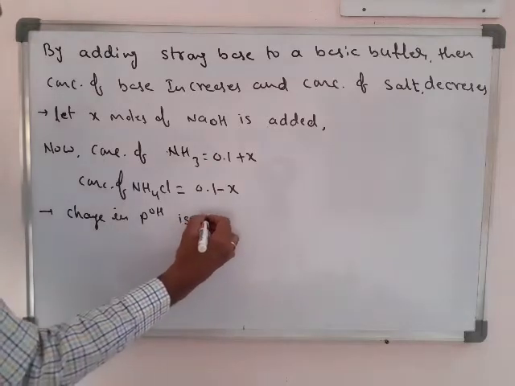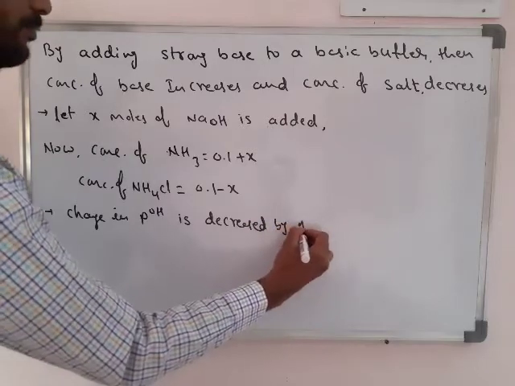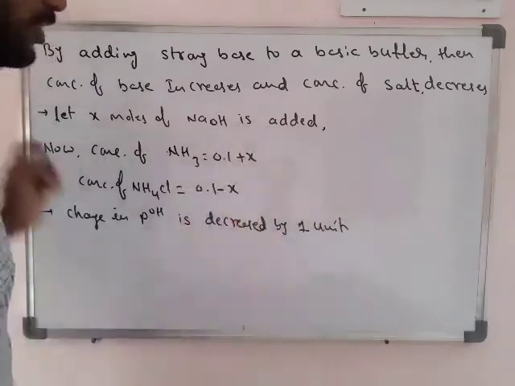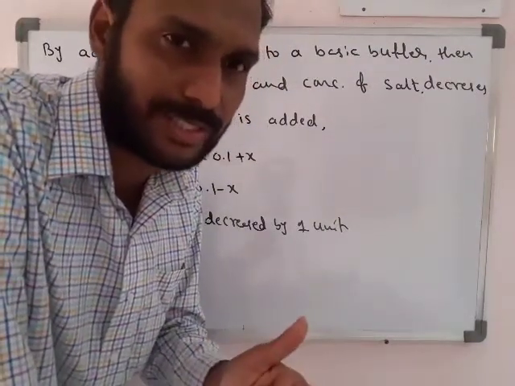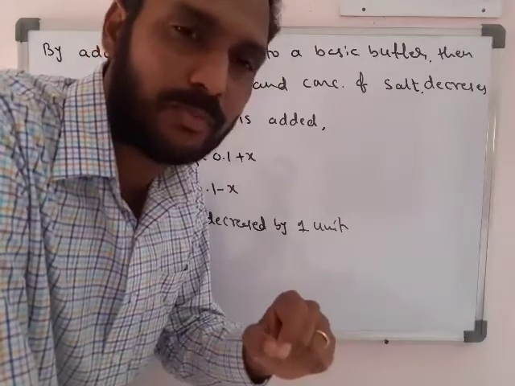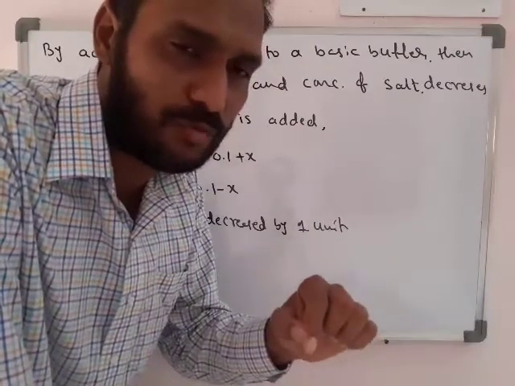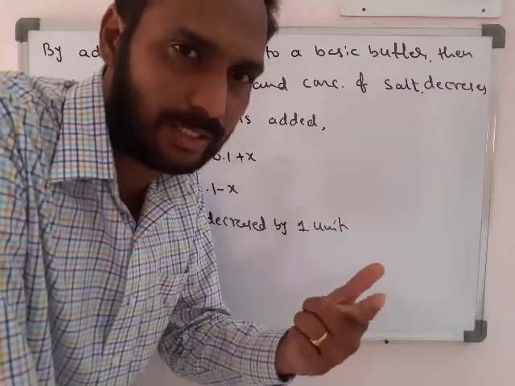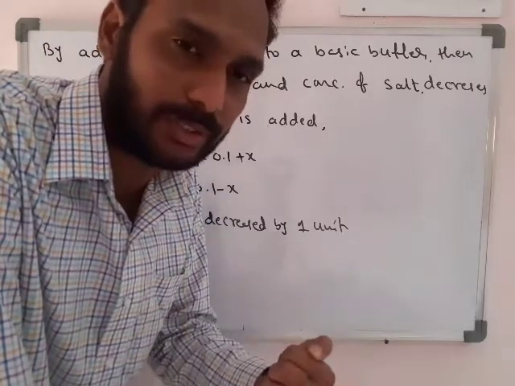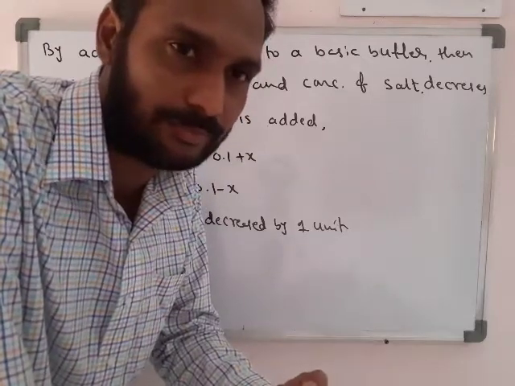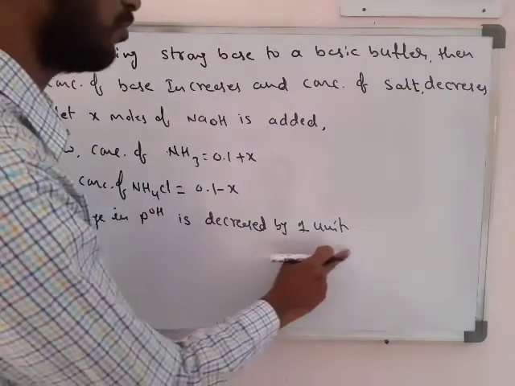Change in pOH is decreased by 1 unit. సో యాక్చువల్గా ఇక్కడ మనకి స్ట్రాంగ్ బేస్ యాడ్ చేస్తే, సో బేస్ యాడ్ చేస్తే తెలుసు మన బేసిక్ స్ట్రెంత్ ఇంక్రీజ్ అవుతుంది. సో బేసిక్ స్ట్రెంత్ ఇంక్రీజ్ అవుతే పిహెచ్ వాల్యూ ఏమవుతుంది? ఇంక్రీజ్ అవుతుంది. 11 ఉంటే 12, 13 బేస్ పవర్ ఇంక్రీజ్ అవుతుంది. అంటే బేస్ పవర్ అంటే బేస్ వాల్యూ ఇంక్రీజ్ అయిందంటే, పిహెచ్ వాల్యూ ఇంక్రీజ్ అయిందంటే, సో ఆటోమేటిక్గా పిఓహెచ్ వాల్యూ ఏమవుతుంది? డిక్రీజ్ అవుతుంది. ఓకే, పిఓహెచ్ లెస్ ఉంటే దట్ ఇస్ స్ట్రాంగ్ బేస్ అన్నట్టు. ఓకే, సో therefore change in the pH is decreased by 1 unit.